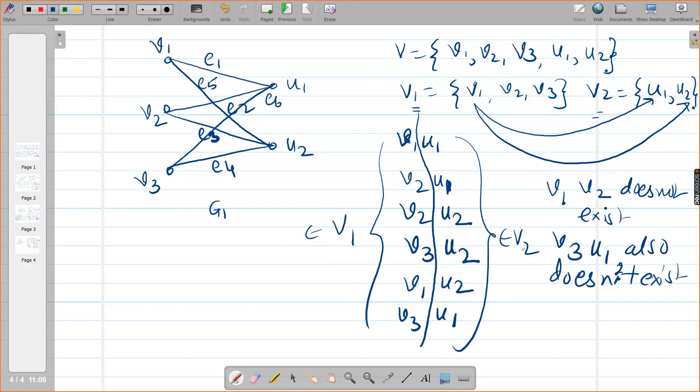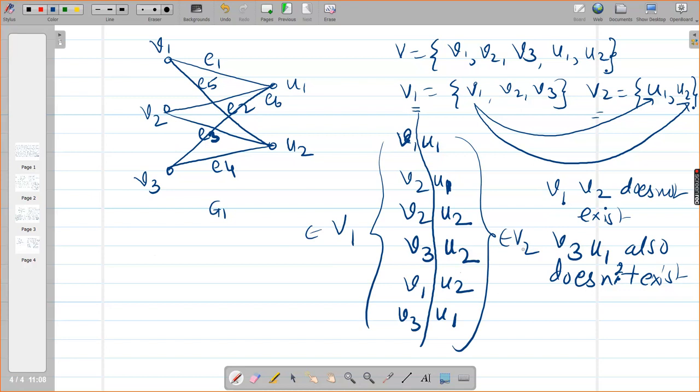Yes, ma'am. So basically the requirement to define a complete bipartite graph is that the graph should be a bipartite graph first of all. So it should satisfy all the conditions of a bipartite graph: you should be able to make a partition of vertices into two sets such that V1 intersection V2 is phi, V1 union V2 is V, and every edge has one end vertex in V1 and the other end vertex in V2.